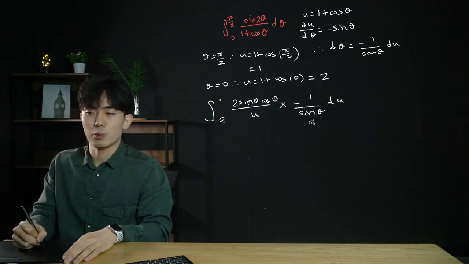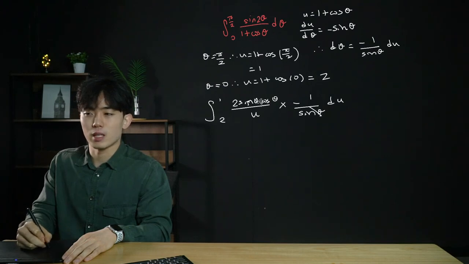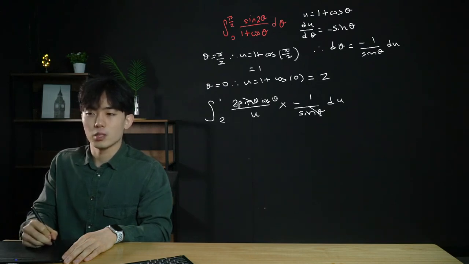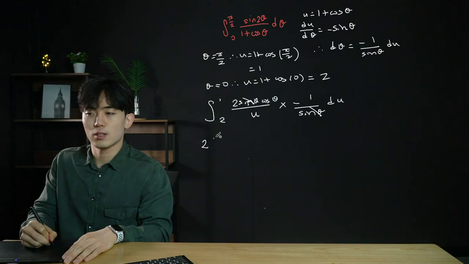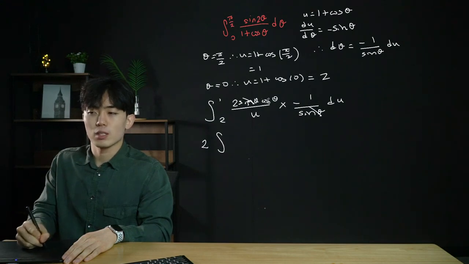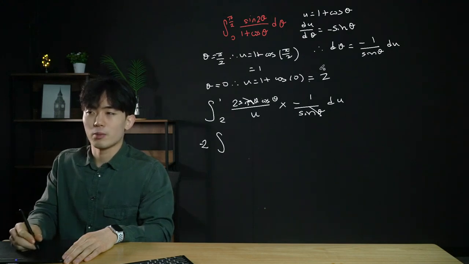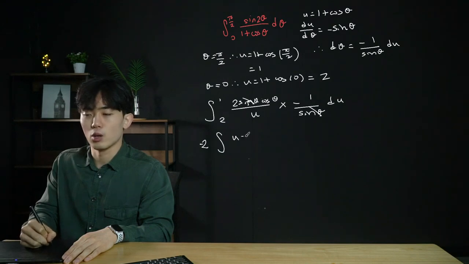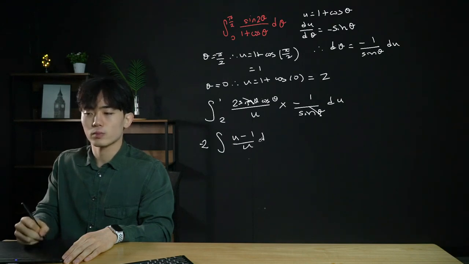You can clearly see now we can cancel out this sine theta with this sine theta, okay? So I'm going to bring the 2 out, so we have negative 2 on the outside, because we have a negative sign here. We now have cos theta, so I can replace that in terms of u, which will just be u minus 1. So we're going to have u minus 1 over u du.